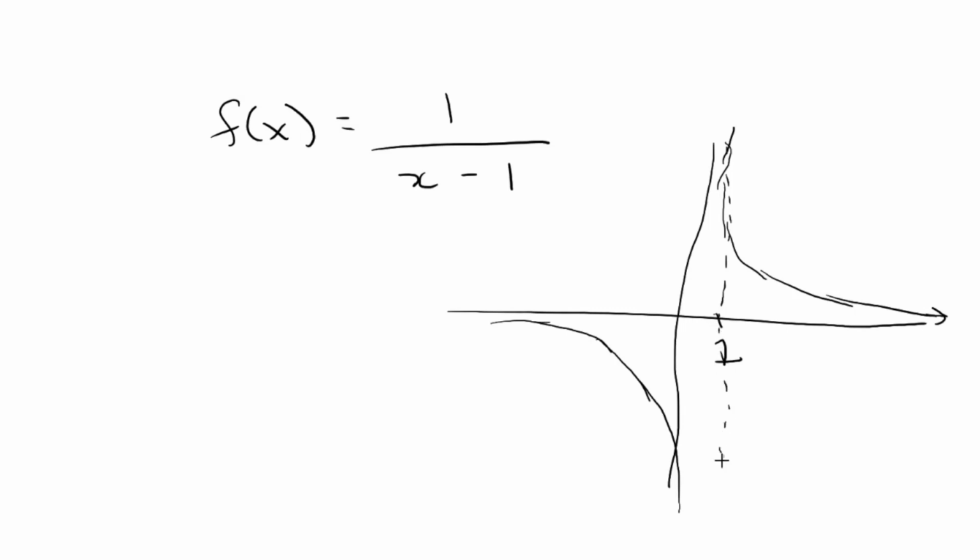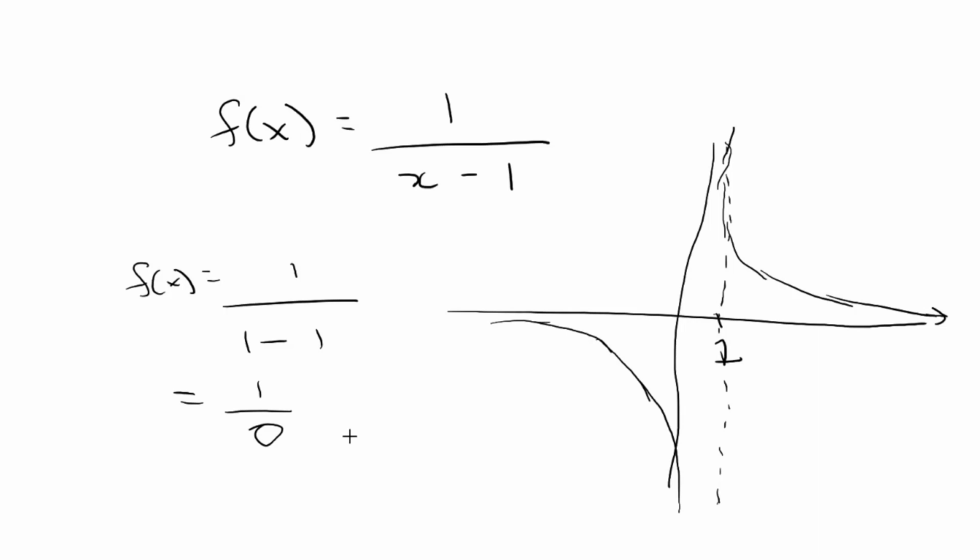That is your asymptote. So the function is undefined at x equals 1, right? That is a discontinuity at x equals 1. Why? Because at x equals 1, f of x is equal to 1 over 1 take 1, which is 1 over 0. And anything that is divided by 0 is undefined. Right, so we can say that this is not a continuous function.